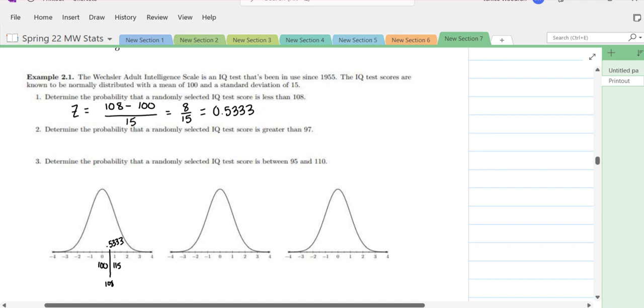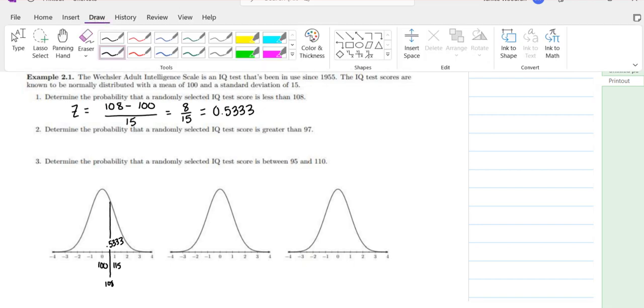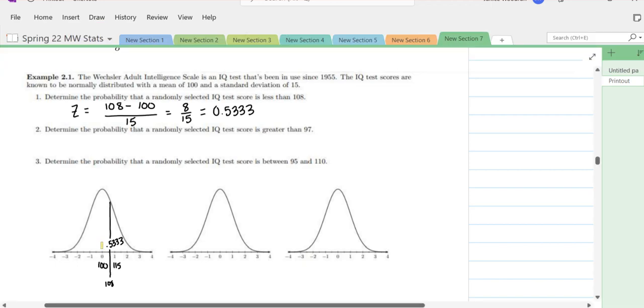I want the probability that a test score is less than that. So if I look at the curve, I am looking for the area less than that, so the area to the left.